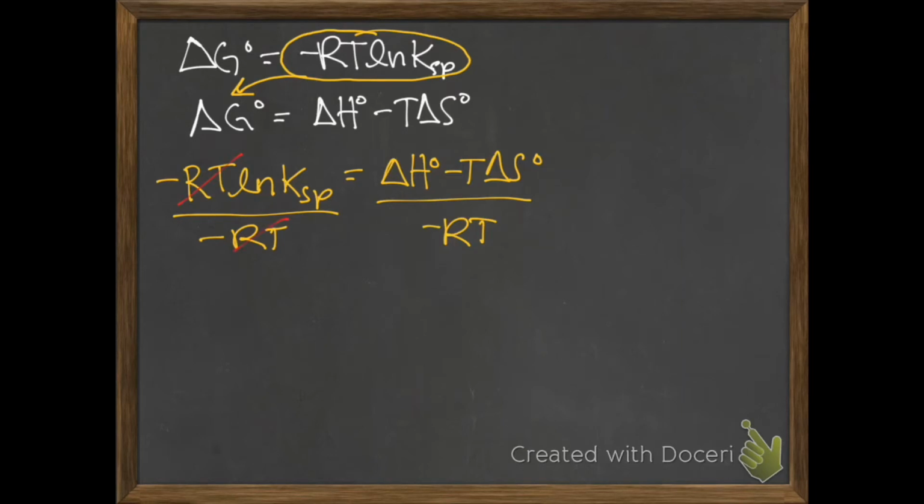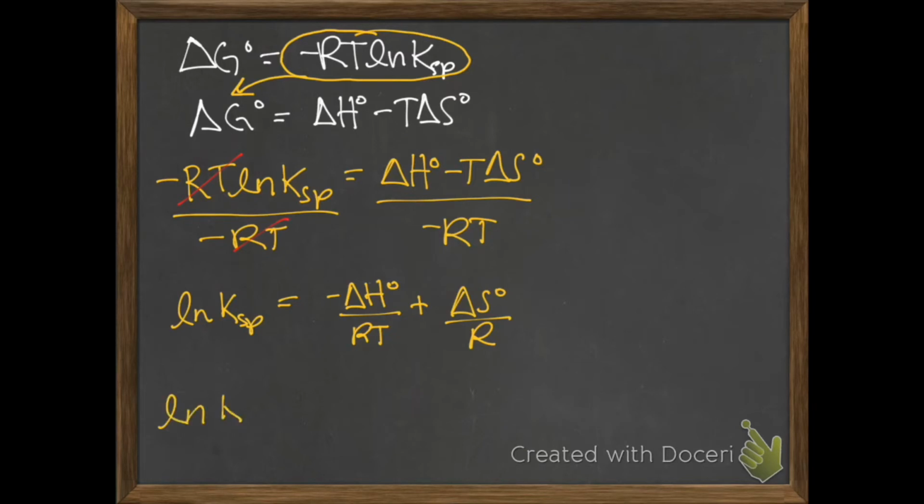So we get natural log of Ksp on the left side of the equal sign equals negative ΔH° over RT plus ΔS° over R. The temperature canceled out on that one.